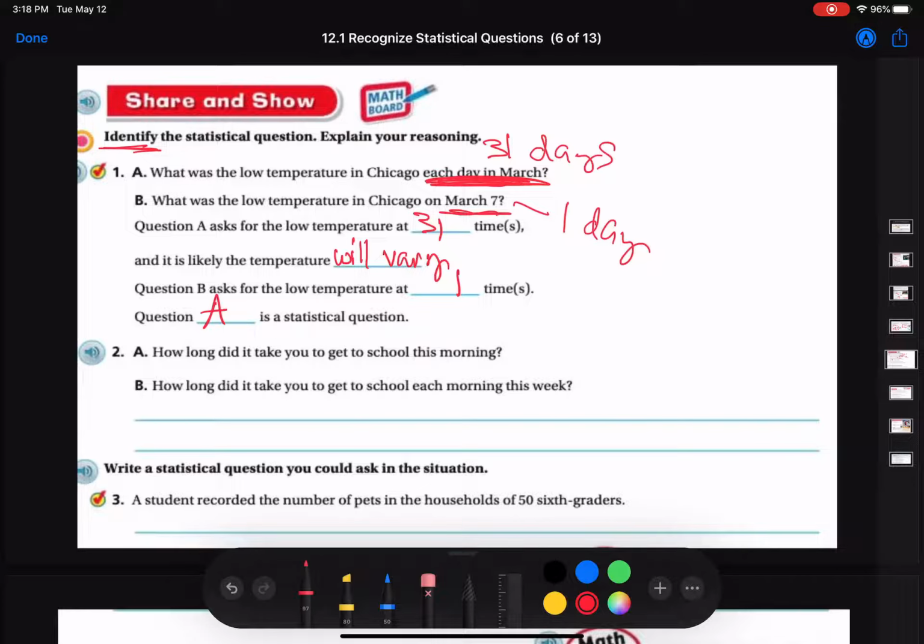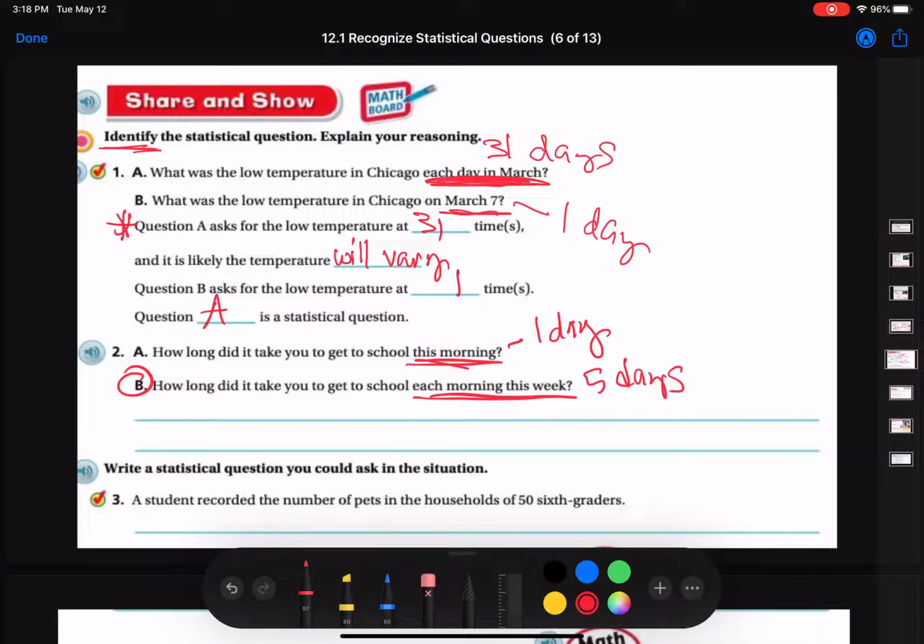Okay, 2, how long did it take you to get to school this morning? So this morning, this is 1 day. Whereas, how long did it take you to get to school each morning this week? So that would be 5 days. So which one is a statistical question? B is a statistical question. You're pretty much going to copy that kind of format.